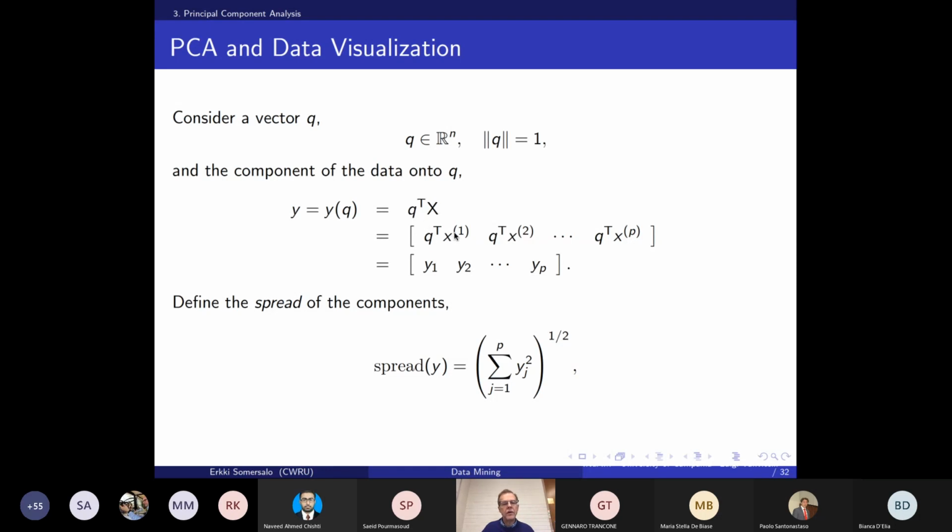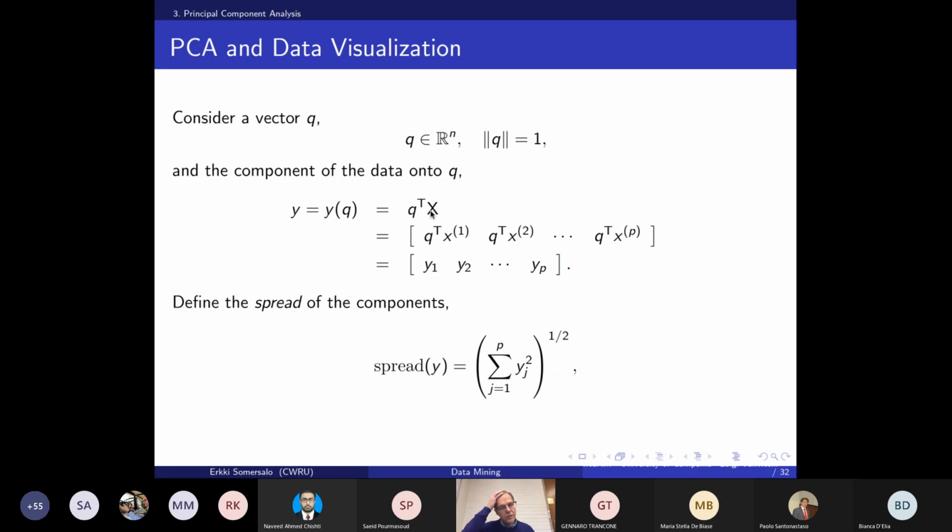So I want to calculate the inner product of x1 and q, x2 and q, etc., xp and q. That means, if you look at this second row here, q transpose x1, q transpose x2, etc., you can write this briefly as q transpose X. X is the data matrix, and here my X is supposed to be centralized.